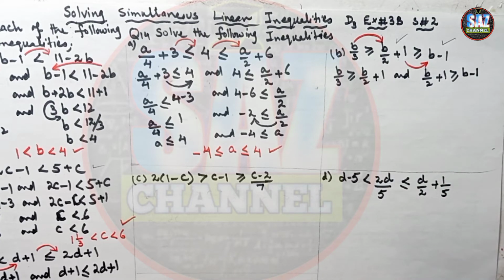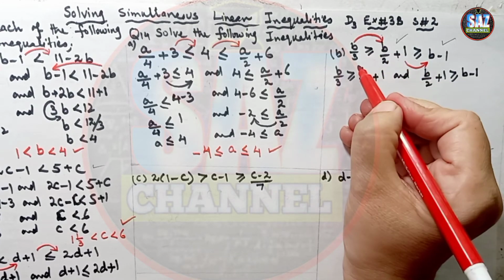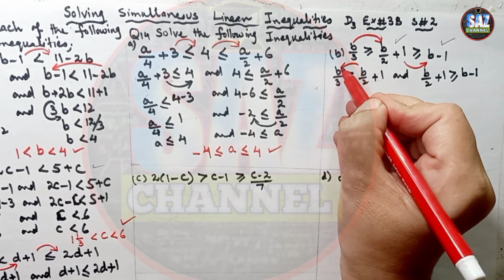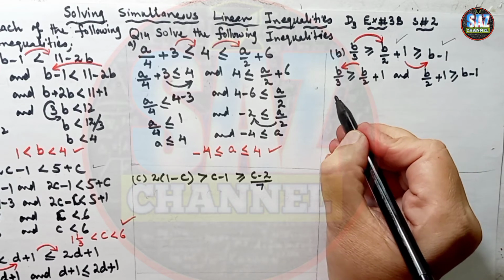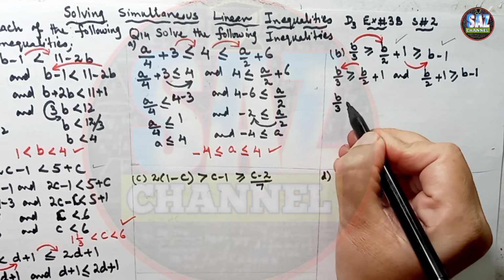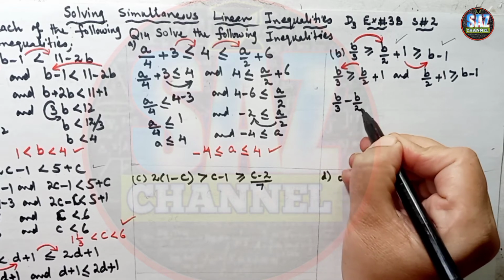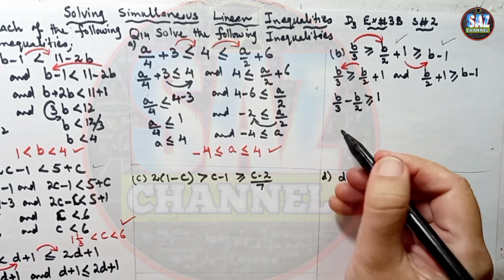Shift like terms to the same side, that is b by 3 minus b by 2, because we need to find the value of b. B by 3 minus b by 2 is greater than or equal to 1.